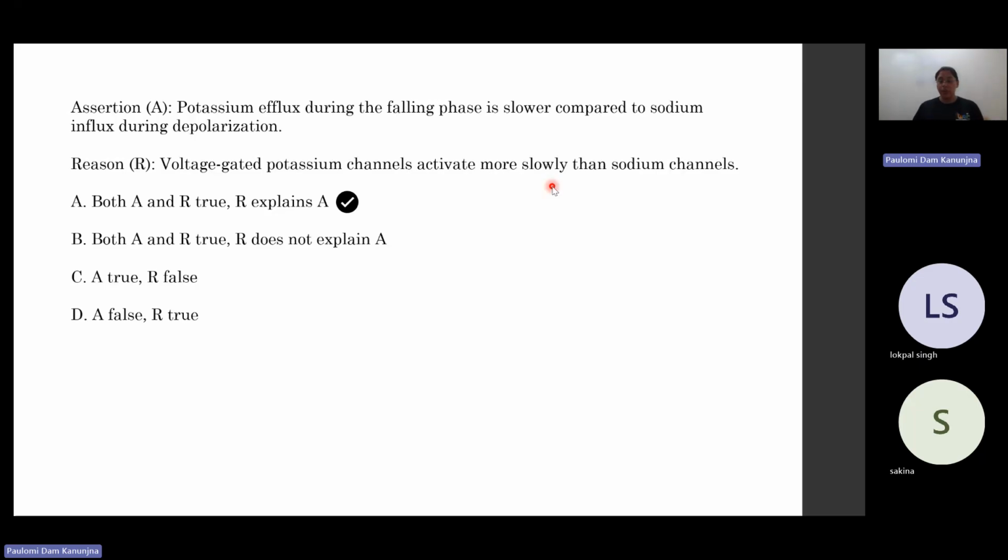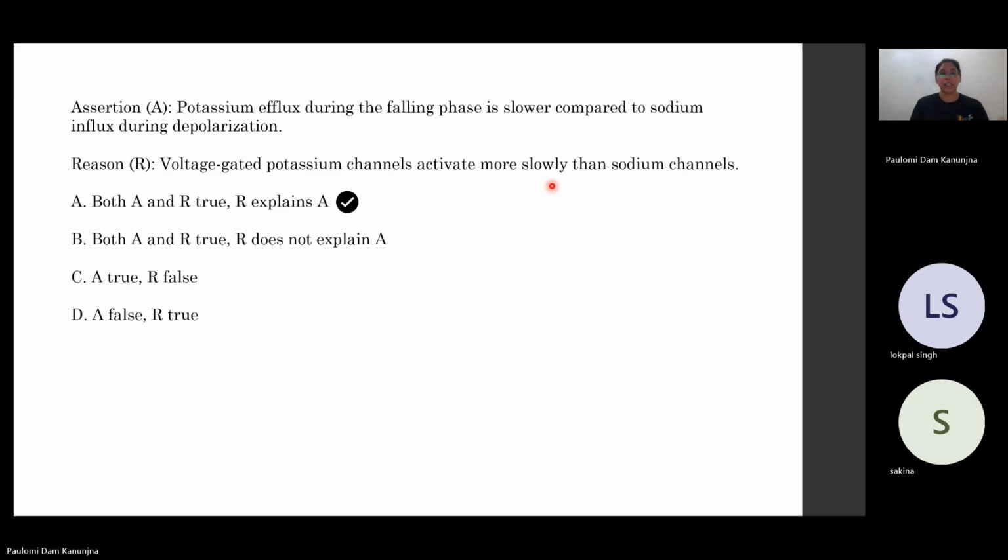They also activate slowly. So both things are happening at a slow scale, and that's why together they lead to that large drop in the potential, which brings it to the hyperpolarized level. So voltage-gated channels are activating slowly, and the channels responsible for moving the potassium outside are also closing slowly.